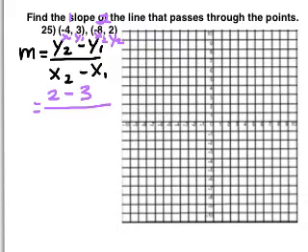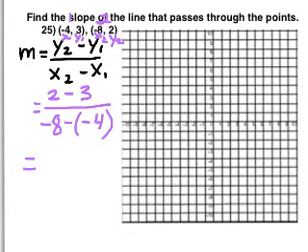Over x2 is negative 8, and that's minus a negative 4. Here's where I need to use parentheses. When your x2 or one of your coordinates is negative, you need to use parentheses so you don't forget about one of the negatives. Okay, and then we solve this.